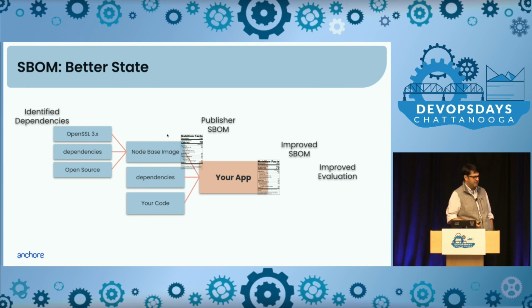You can supply that data. The point is, the quality of the SBOM matters, right? The more information the SBOM scanner has, the better the SBOM will be, and the better your evaluation of that SBOM will be. You'll get better vulnerability matches, et cetera, et cetera.